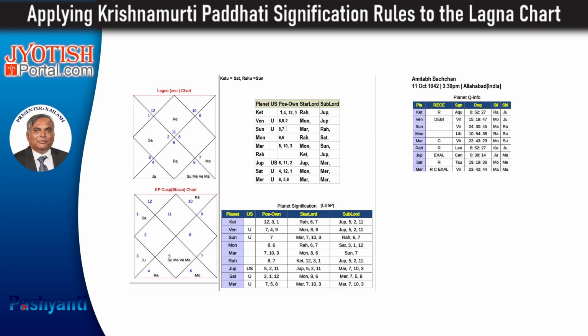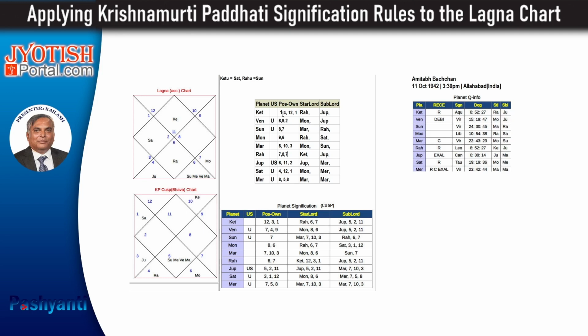Similarly for Rahu, which is in 7, first we write 7, and since it is indicating Sun, whatever values Sun has, we'll write over here. Some of the values are going to get repeated, and that is okay.